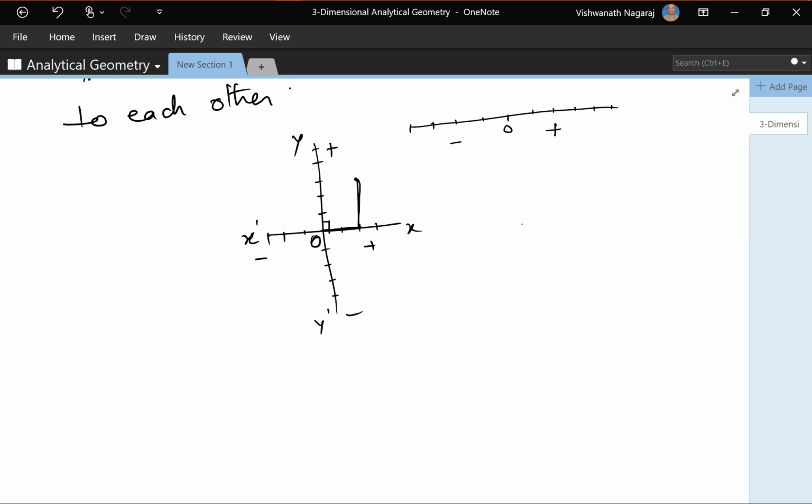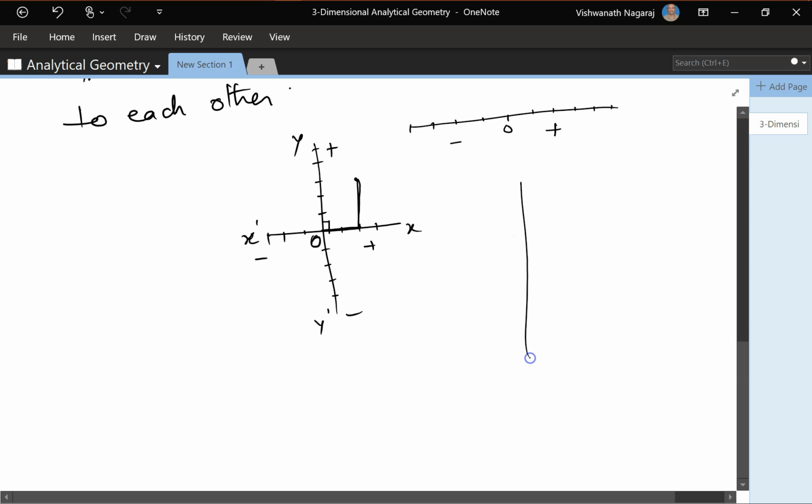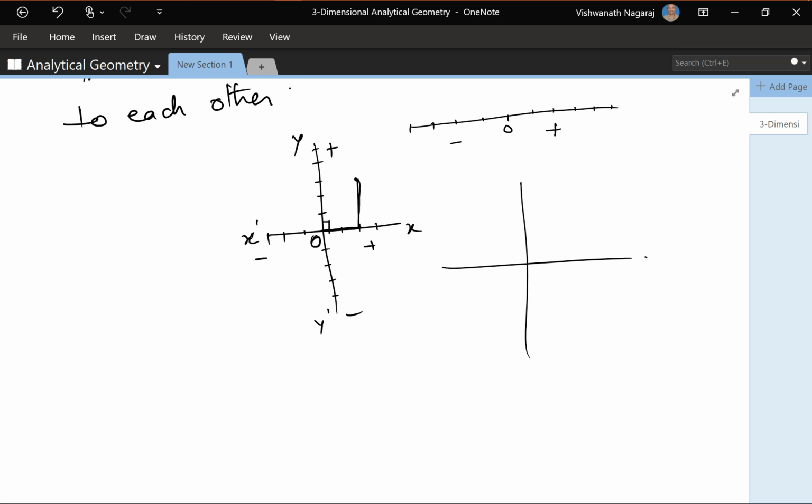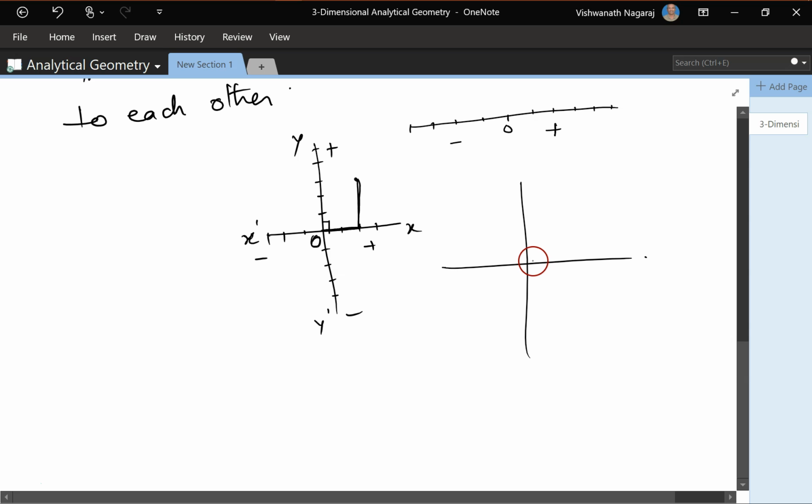Okay, now when we want to look at three-dimensional, what do we do? Now remember, we are trying to draw a three-dimensional thing on a two-dimensional surface, right? So you have to bend your mind to follow it. So something like this. Remember, this particular line is going into, behind the sheet, and this is coming in front of the sheet.